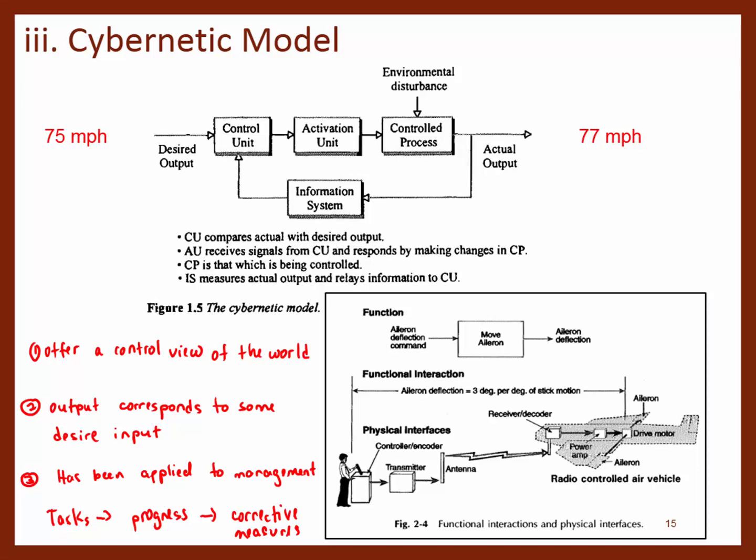So in order for it to arrive at the airport at that time, you might need to perform some corrective action, let's say accelerate or find a shorter route to the airport, in order to achieve the outcome, which is arriving at the airport by 4 o'clock. Cybernetic model.